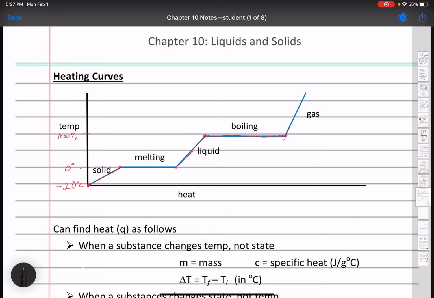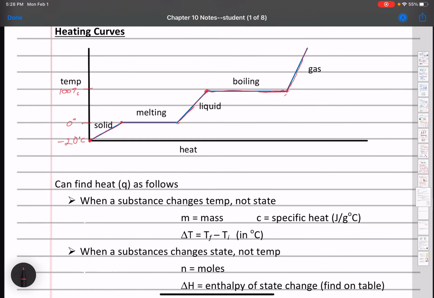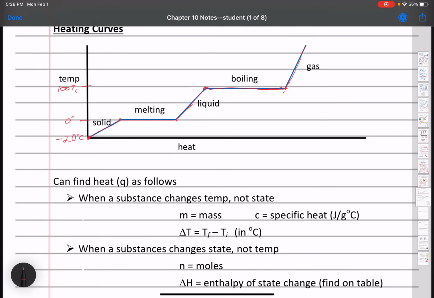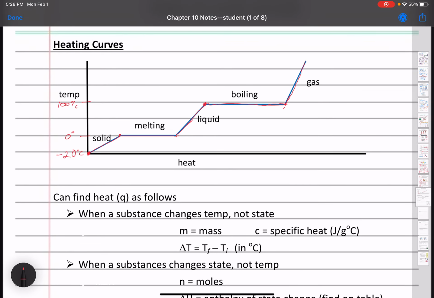After that, once it becomes a gas, steam, the temperature of steam can continue to rise. That's why steam burns are particularly dangerous, because steam is actually hotter than hot water. So it can burn very quickly. Each of these different steps in this heating curve involves a certain amount of heat.